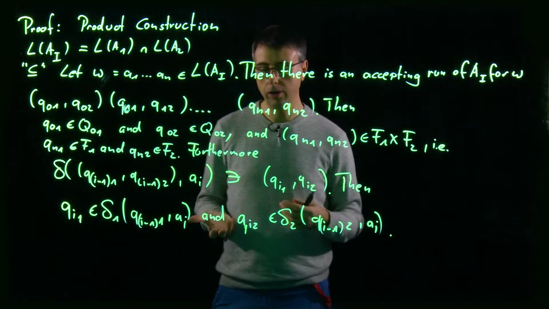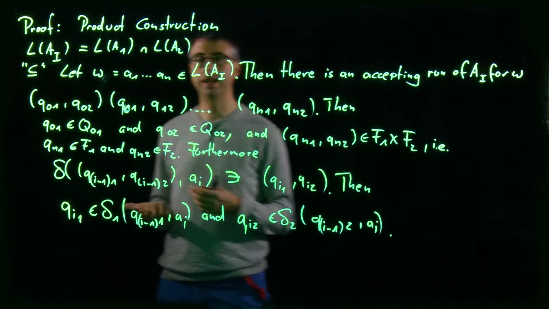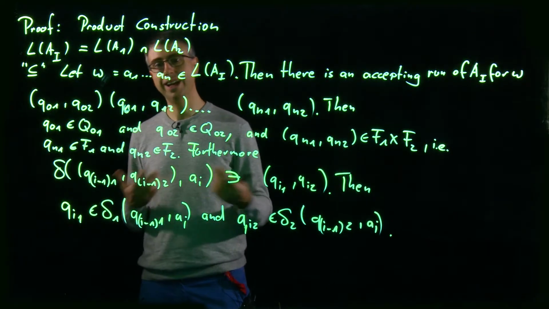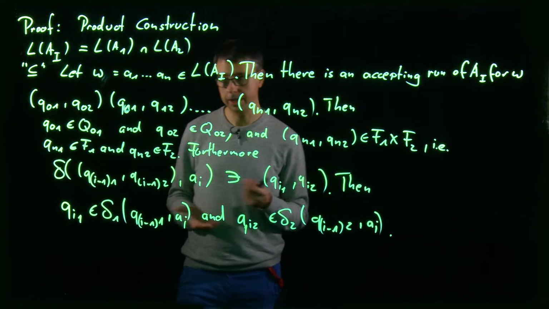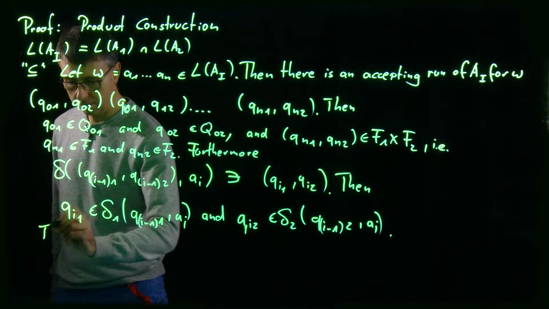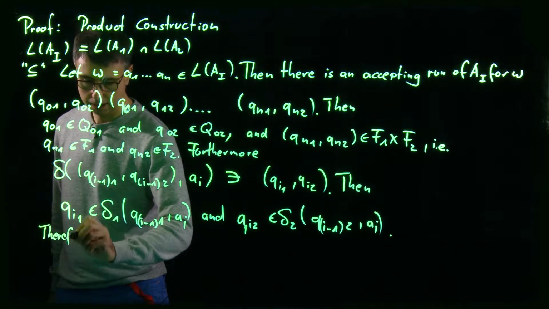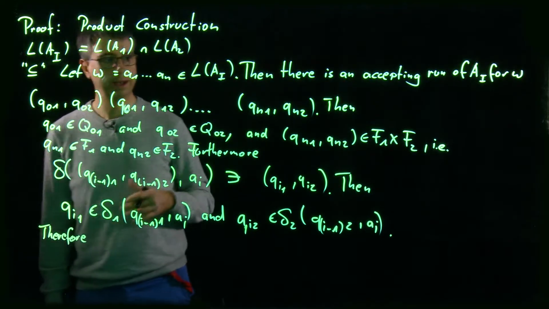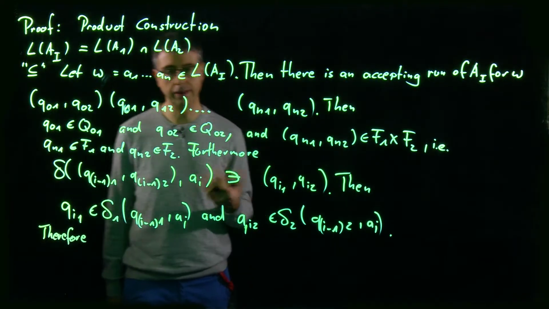Now we have compiled all the pieces, and we can conclude that we have now two runs. Therefore, we know that there must be a run in the first automaton.